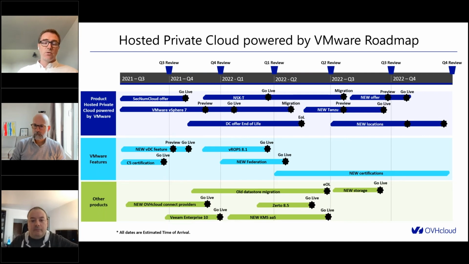And there is also NSX-T, the famous one that we discussed today, and this one is planned to be available by the end of the first quarter in 2022, with also a migration plan. So this one is really the topic of today, and NSX-V is available now.